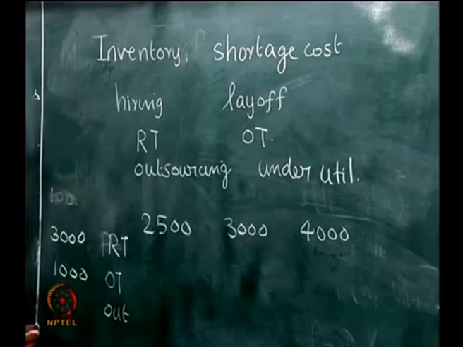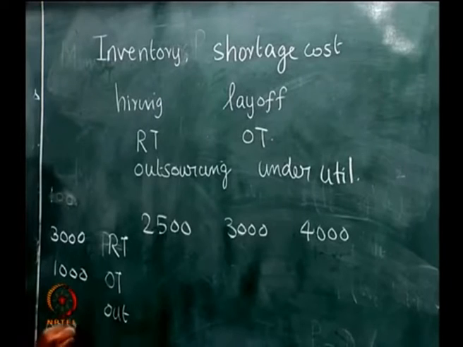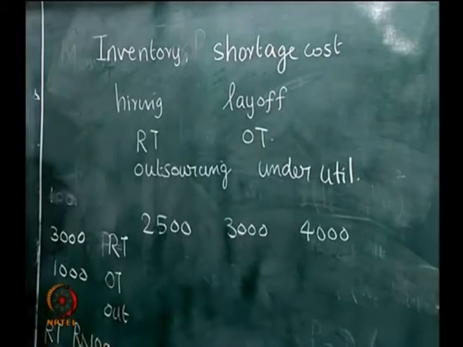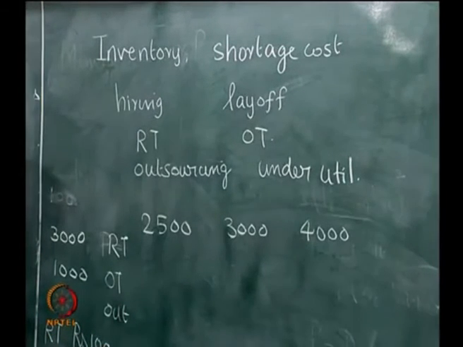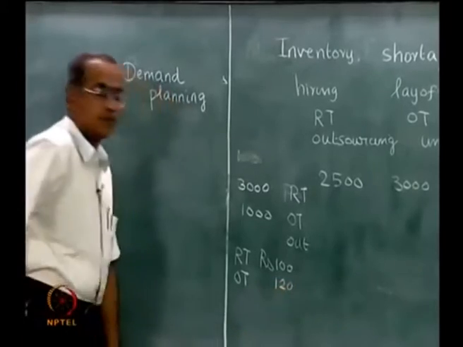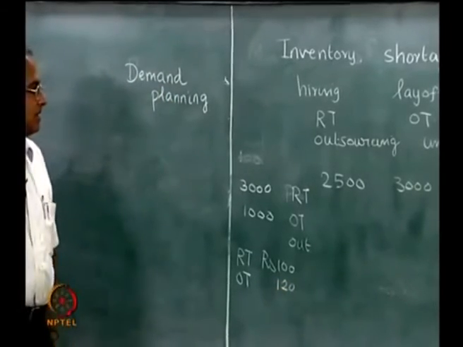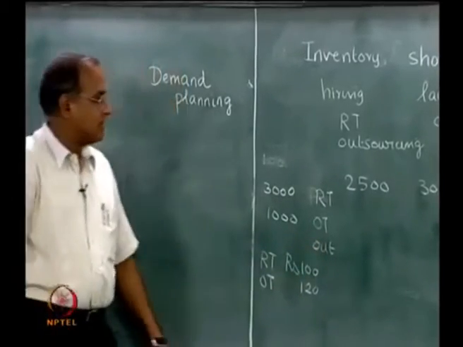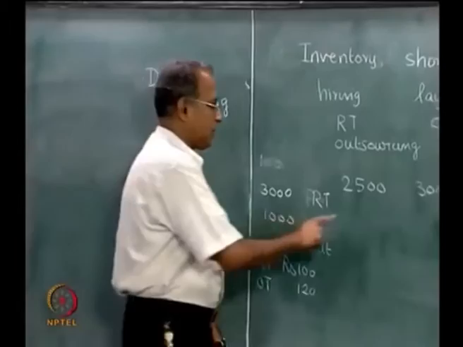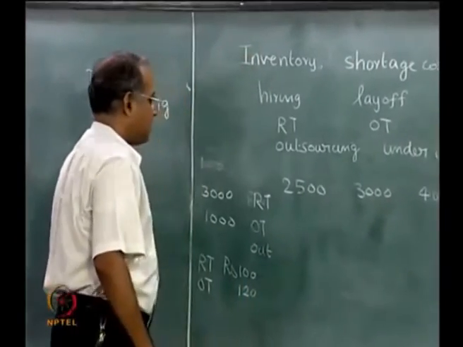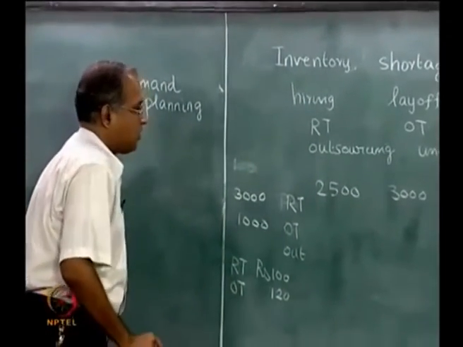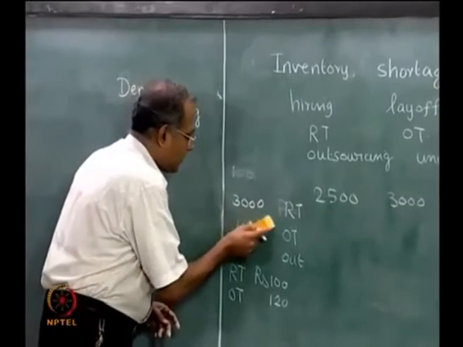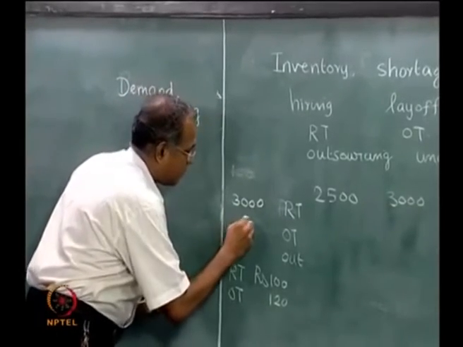We will say RT cost is 100, OT cost is 120, and outsourcing cost is higher than this. So, we will have to try and meet the demand. Now, we will also assume here that the overtime capacity is 500.